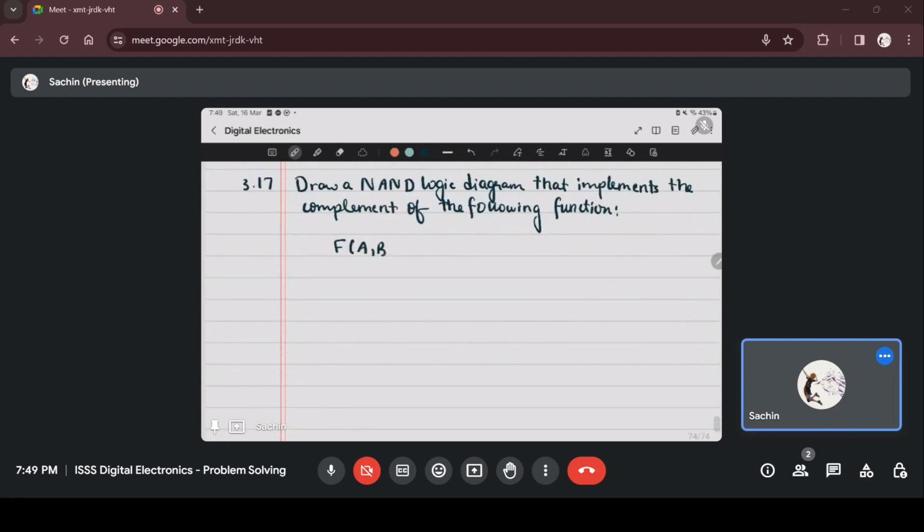F of ABCD is sigma 0 1 2 3 6 7 11 6 10 11 14.